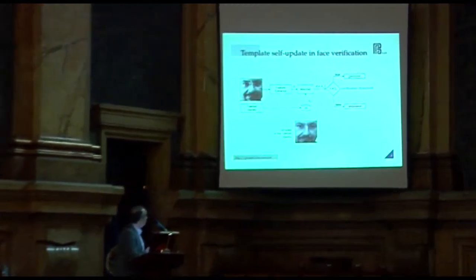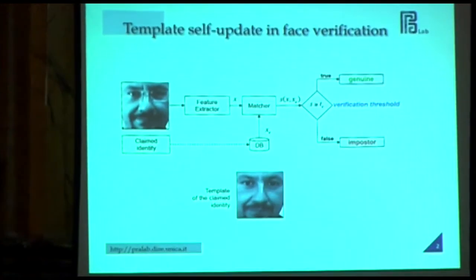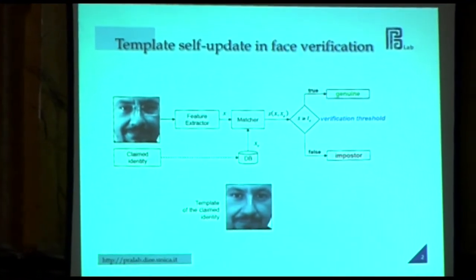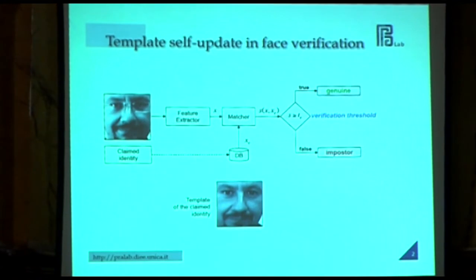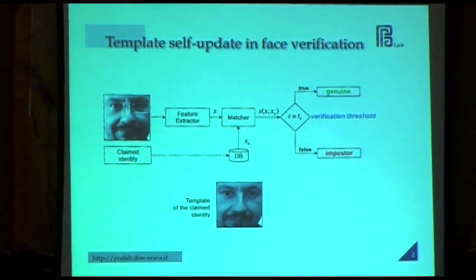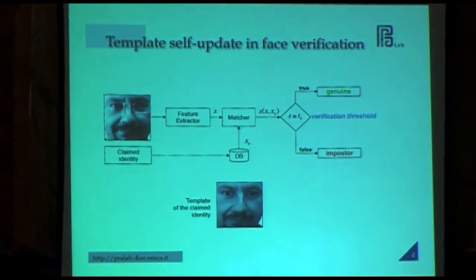Let me immediately start with one relevant concept that also provides the motivation for the work that I'm going to present. The concept is template self-update in face verification systems. I imagine that all of you know well how a face verification system works.